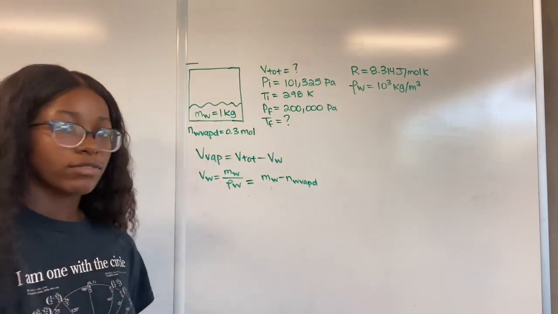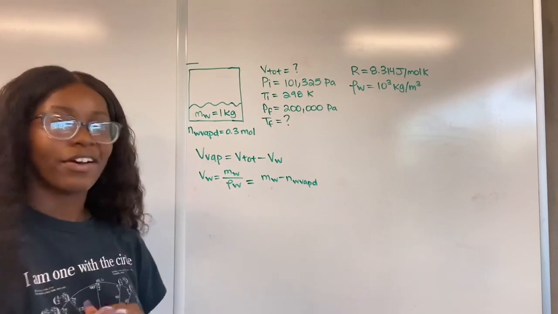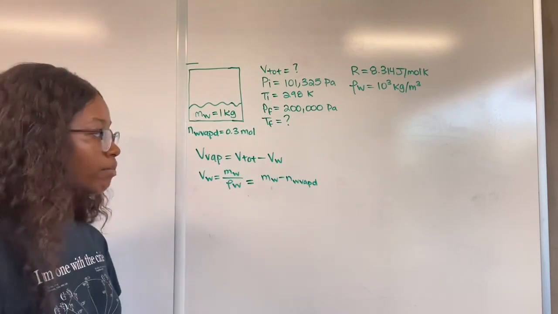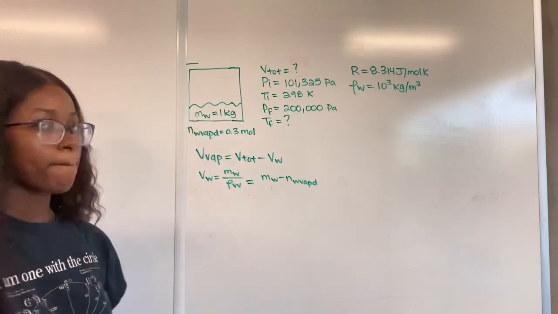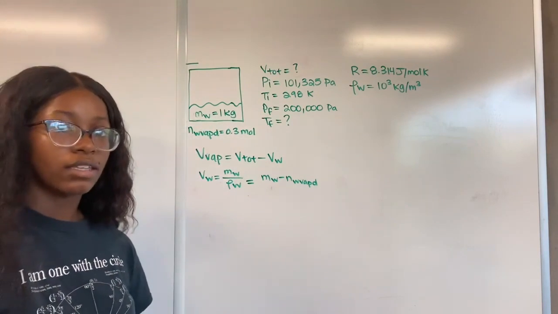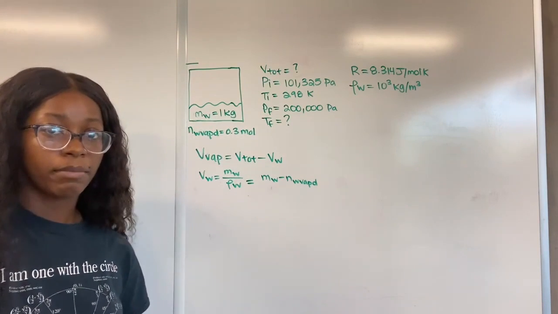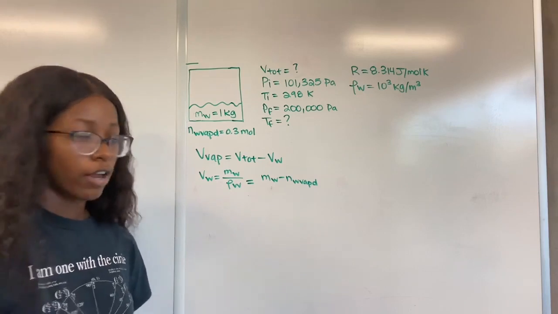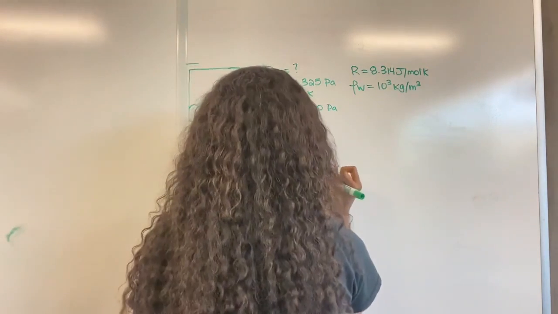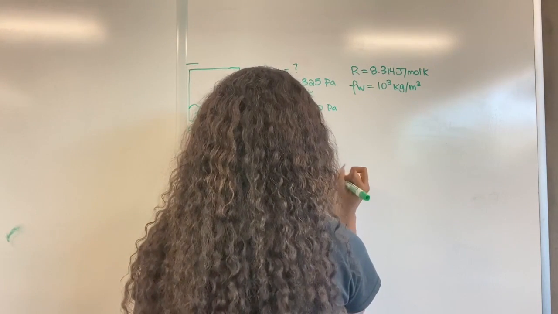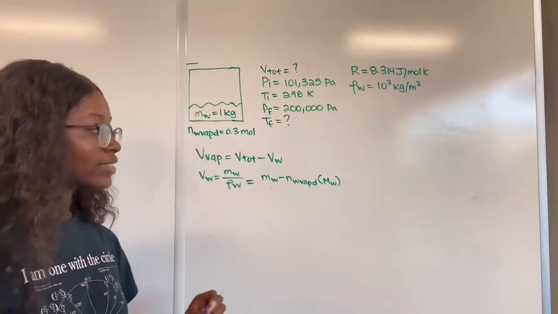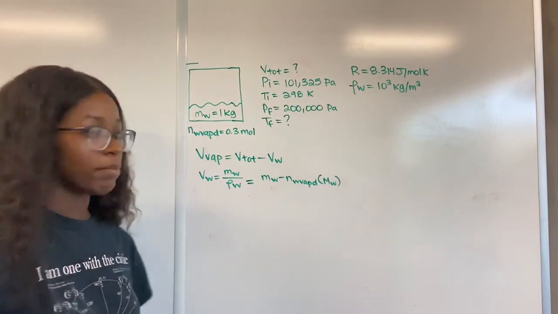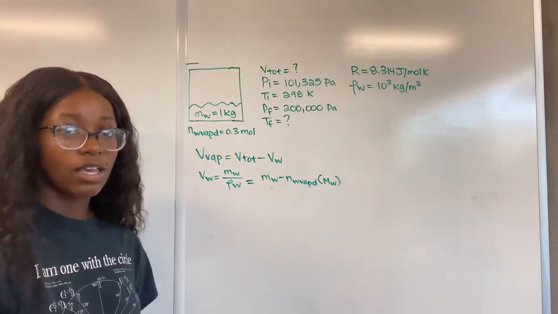And then from here, we have to recognize that our units are not consistent at all. But we can get them to be in kilograms, which is what our math started at, by multiplying the moles of water vapor by the molecular weight of water. Then we see that we're a step closer, but still not quite there yet because this is in grams.